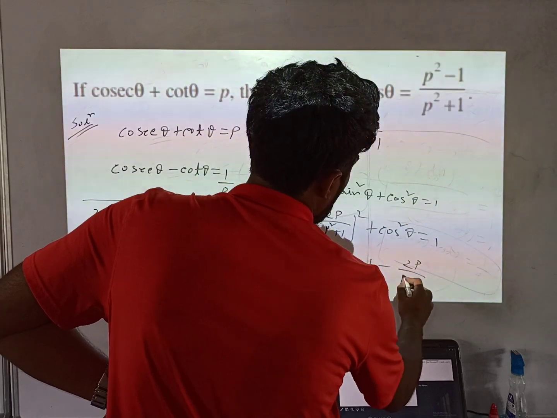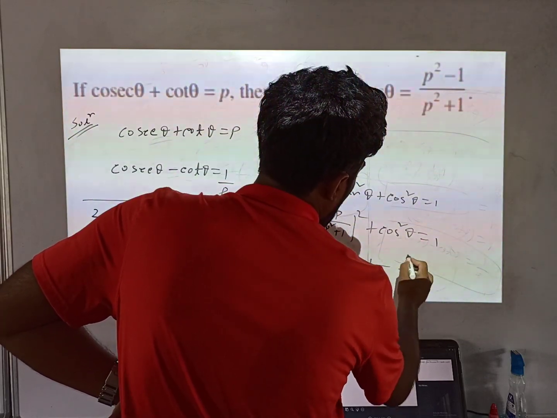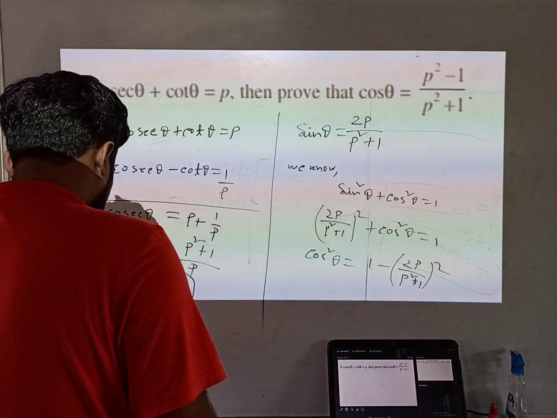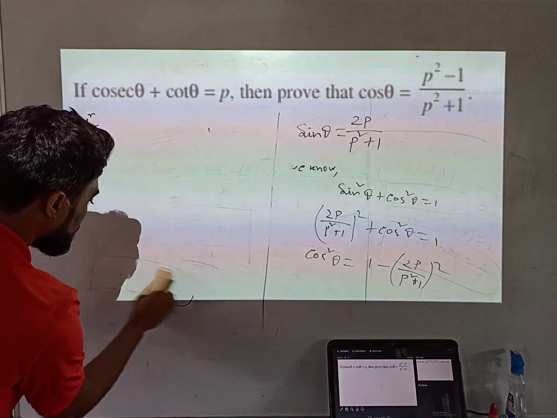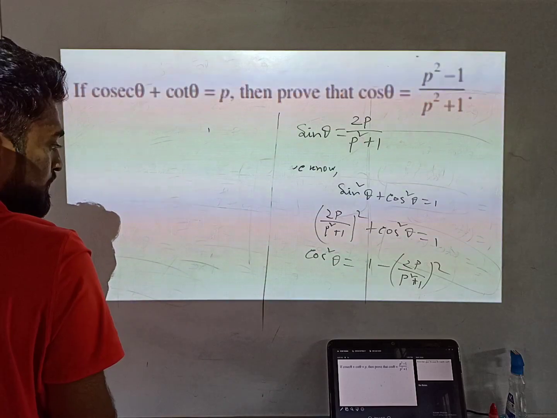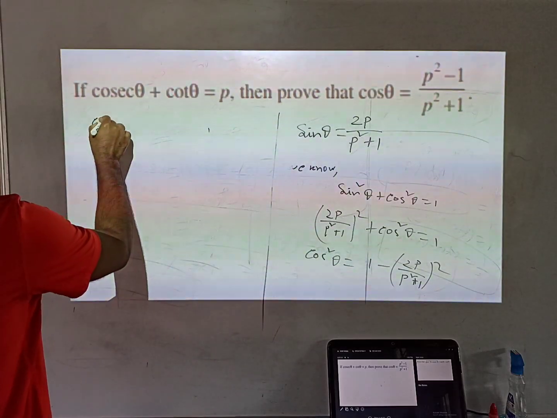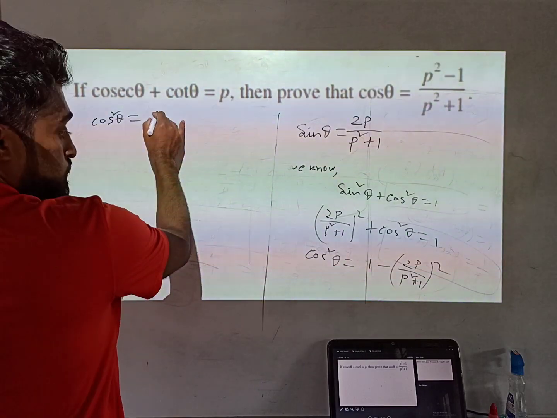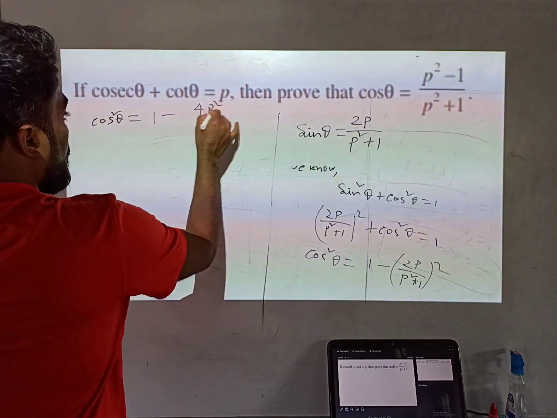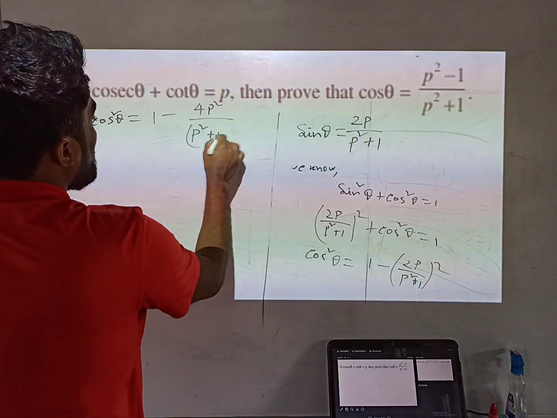by p square plus 1 whole square, it will go that side. After that you write cos square theta, that is 1 minus 4p square divided by p square plus 1 whole square.